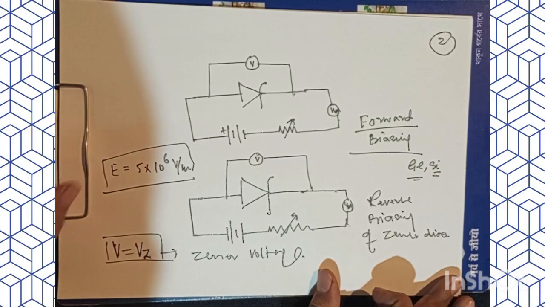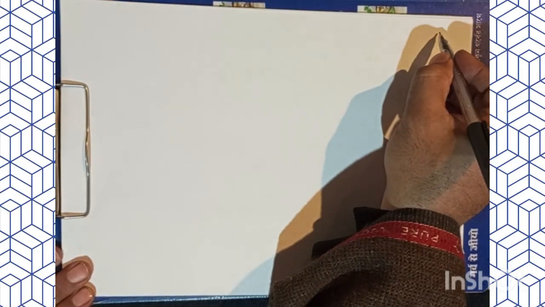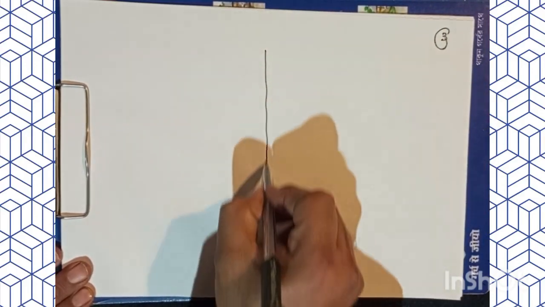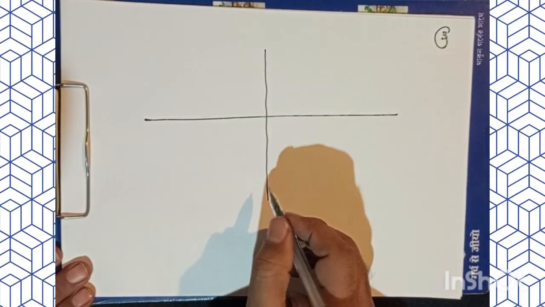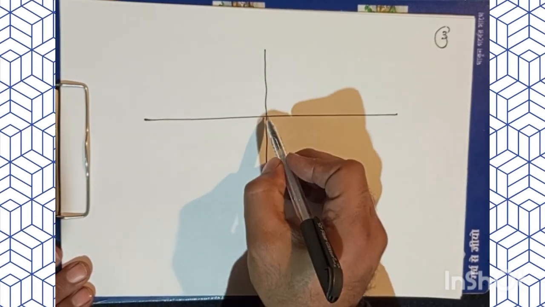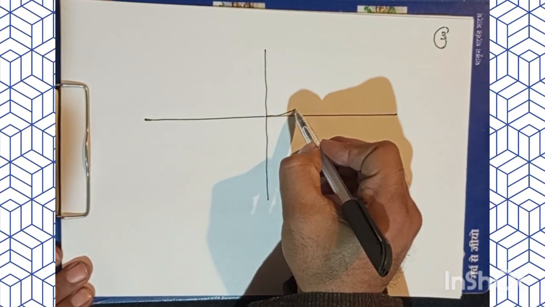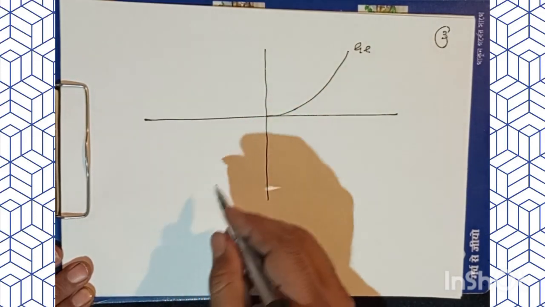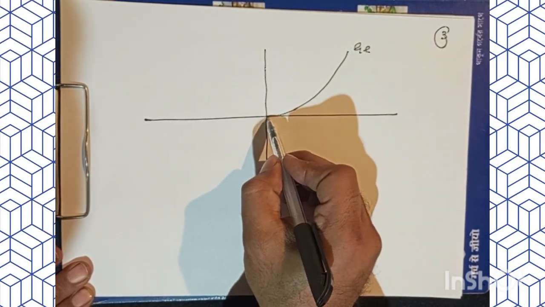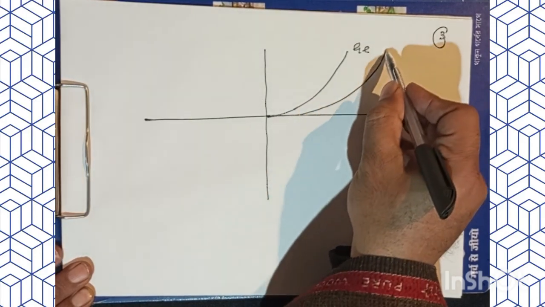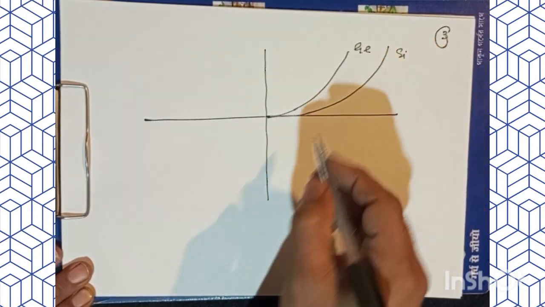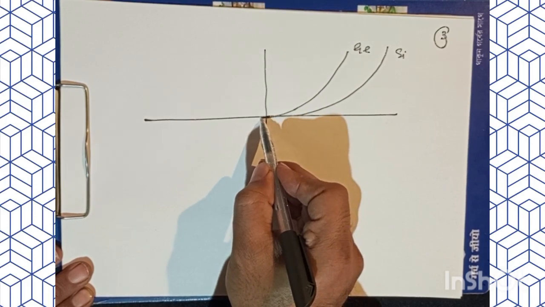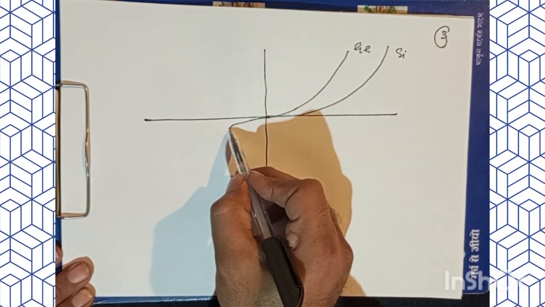Now, this can be interpreted if we plot the characteristics for this zener diode, taking germanium and silicon as an example. Suppose I have to plot the output characteristics. They are the same as those of the p-n junction. This behavior is for germanium, and this behavior is for silicon, and then we have the reverse current and there is a breakdown.